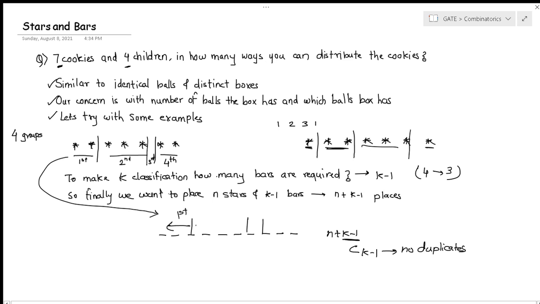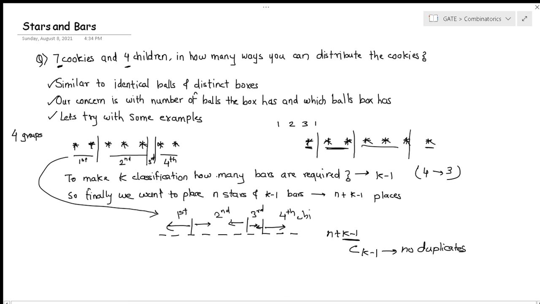Anything on the right side of the first bar and left side of the second bar will represent the second child. Anything to the right of the second bar and to the left of the third will represent the number of cookies for the third child, and anything to the right of the third bar will represent the distribution for the fourth child.